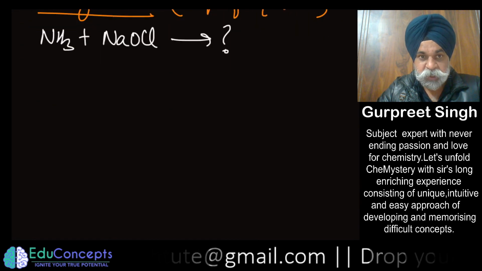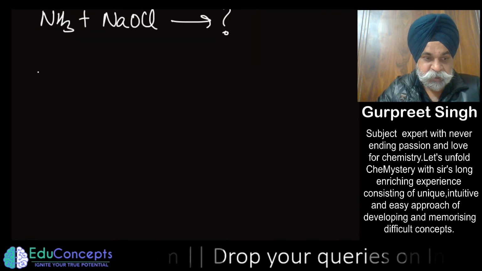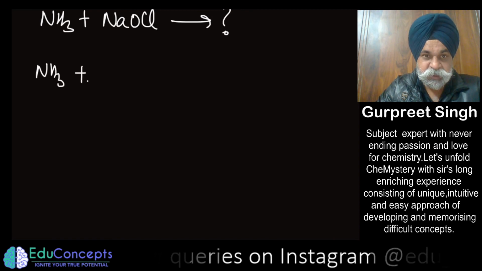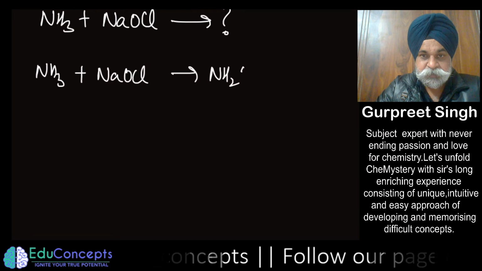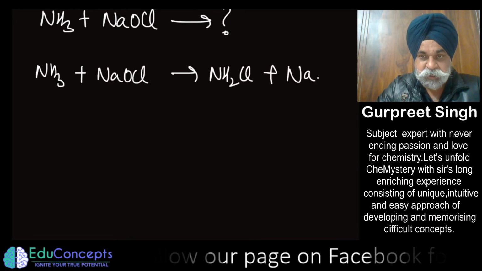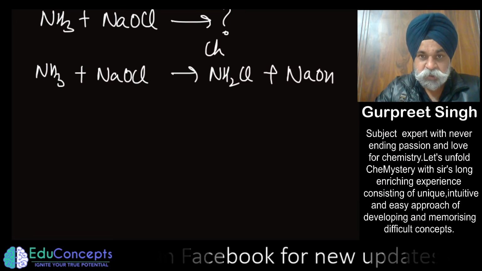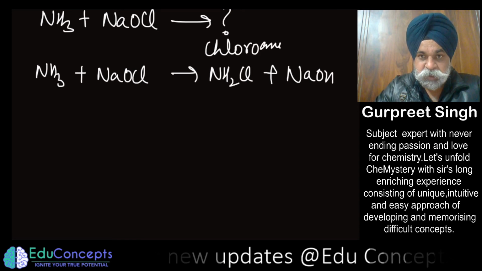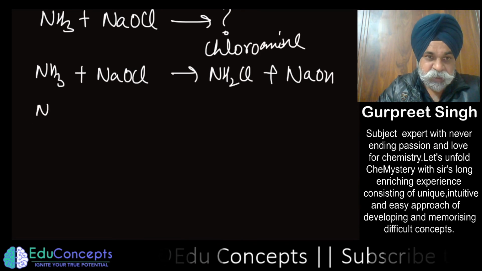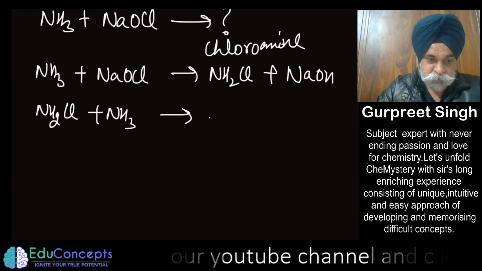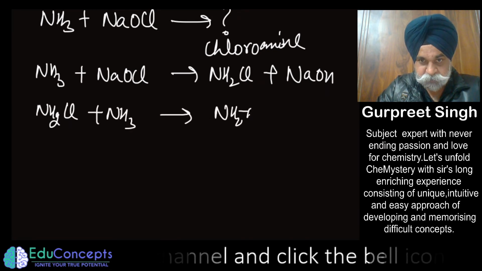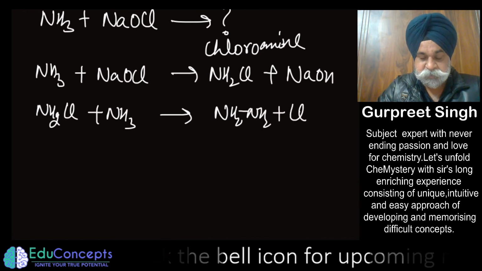So what exactly we do in this reaction is that ammonia is first treated with sodium hypochlorite and changes into this part. This is called chloramine. This chloramine then again reacts with ammonia to form hydrazine along with HCl.